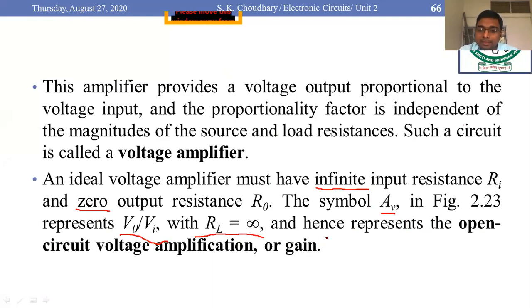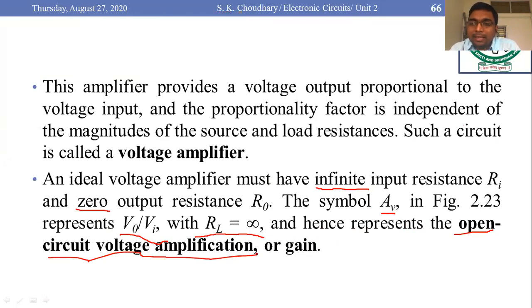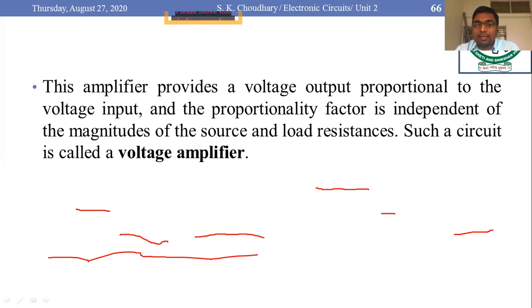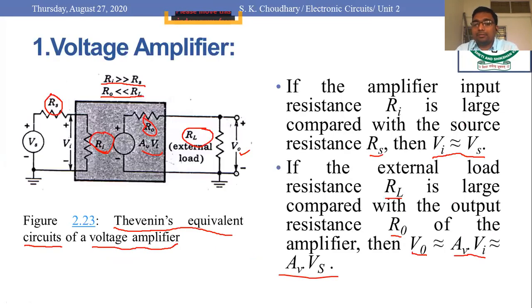Hence, this circuit represents the open circuit voltage amplification or voltage gain. If RL is infinite, it means the output circuit is considered open, so it would provide a better voltage gain. So this is the first kind of amplifier, referred to as the voltage amplifier.